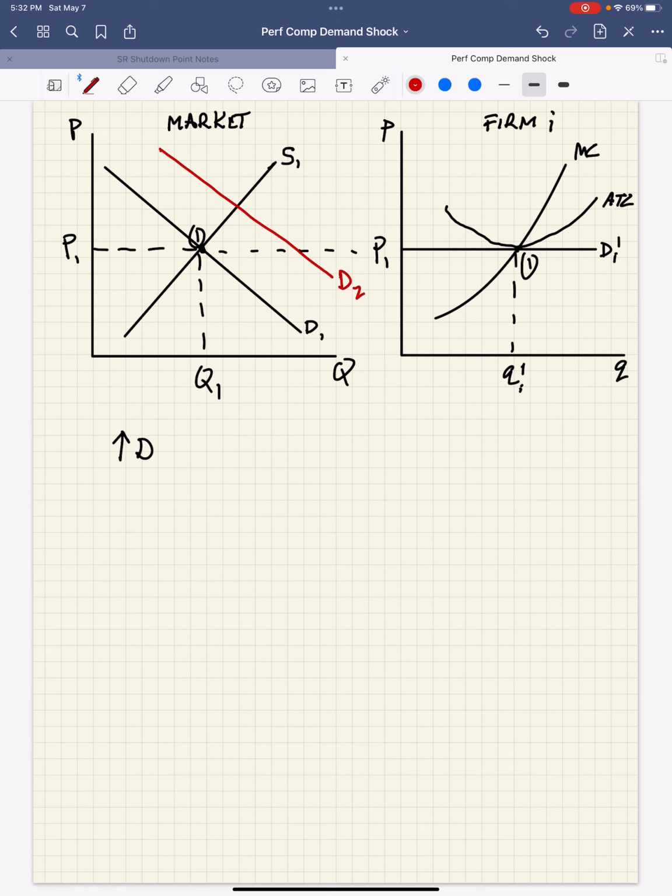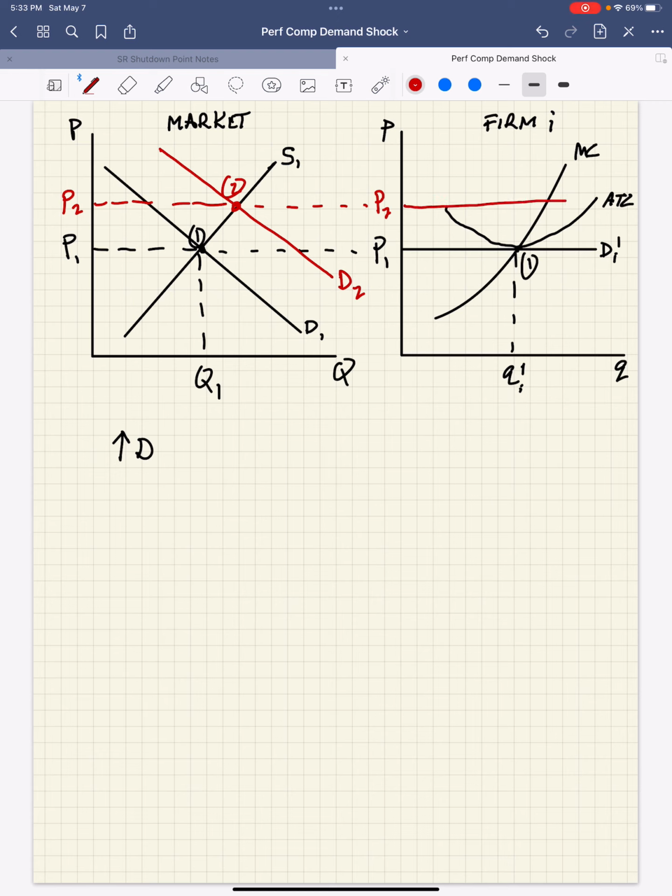And of course, we know what's going to happen, right? It's going to create a shortage and it's going to push that price level up. So we go from P1 up to P2, from point 1 up to point 2 here. And from every individual firm's point of view, their perfectly elastic demand curve has shifted up. They can charge that new price level.